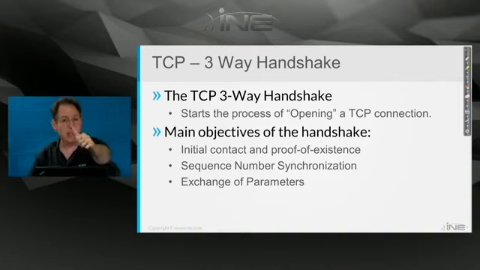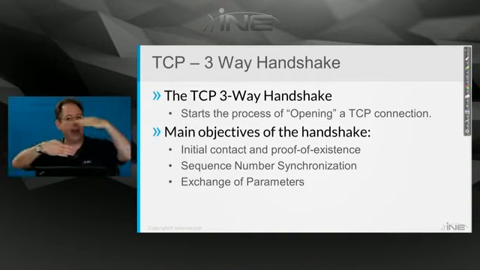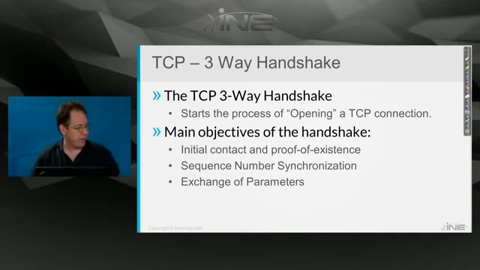By the way, when I'm sending data to you, Keith, here's the sequence number I'm going to use in this direction. So we're talking about a bi-directional communication here, and each direction is using a different set of sequence numbers as they transmit stuff back and forth. And then we also have an exchange of parameters that's needed in TCP.